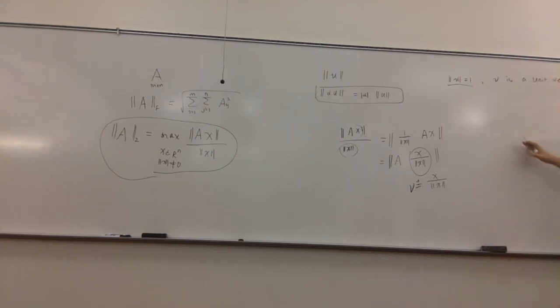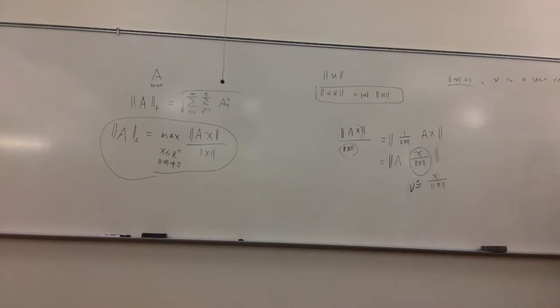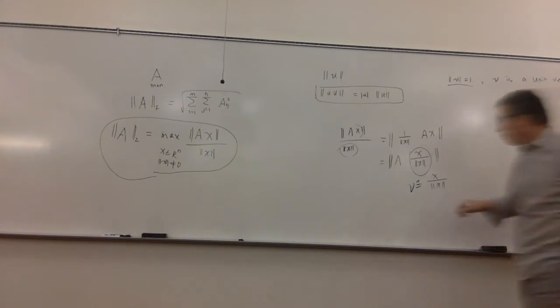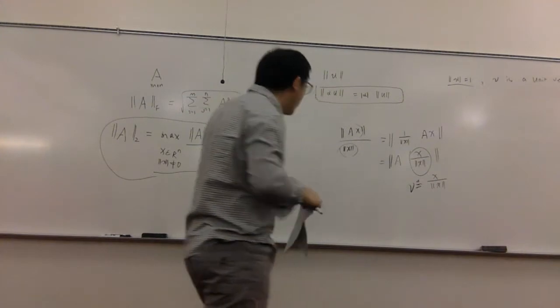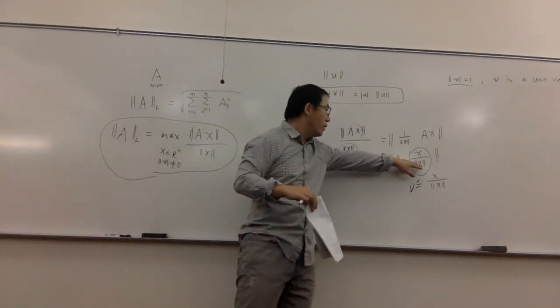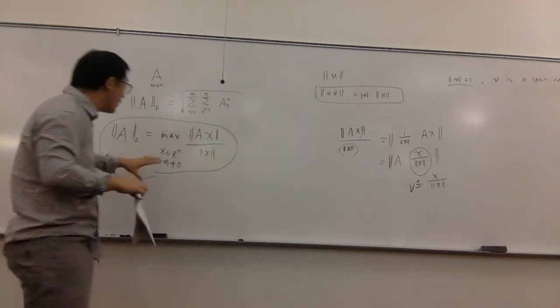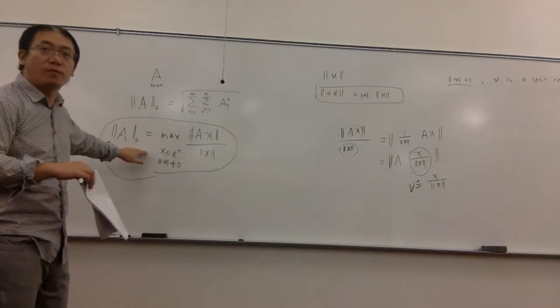This is something we mentioned last lecture, because its length is standardized, and the only useful information is the direction. So now we can replace x over the norm of x by v, so that we can give a redefinition of the spectral norm.